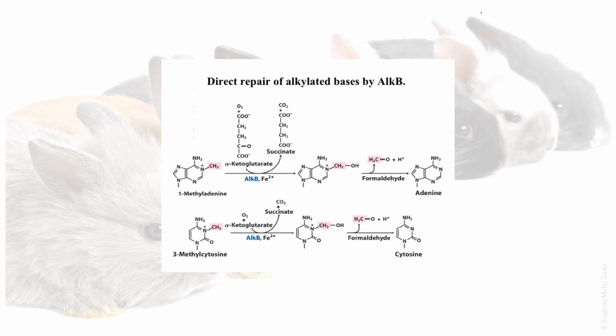Here we have an alkylated adenine base, and here we have an alkylated cytosine base, and then we've got enzymes that can remove that methyl group off of the base and return the base back to its normal form. So this would be a direct repair. You had some kind of alkylation event that attached this methyl group, and now we have enzymes that can remove that methyl group and eliminate that mutation.